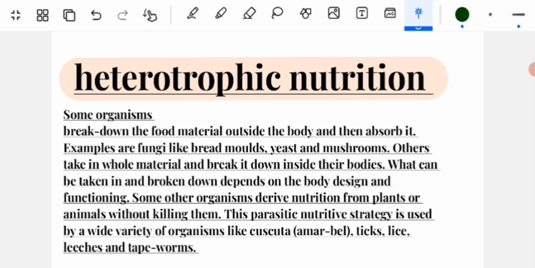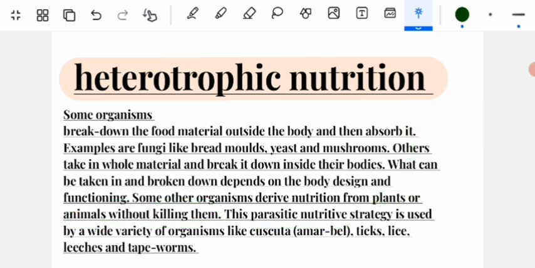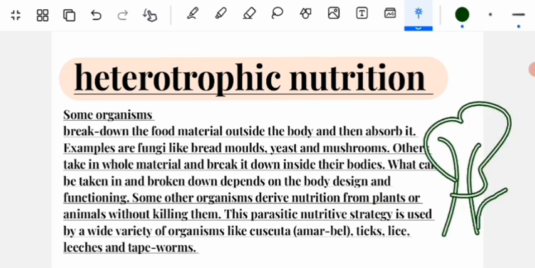एंड सम अदर ऑर्गेनिज्म ड्राइव द न्यूट्रिशन फ्रॉम द प्लांट्स एंड द एनिमल्स विदाउट किलिंग दैम, which we have said about the parasitic, which depends on the host, है ना? This is parasitic nutritive strategy which is used widely. Like for example, if there is one tree, ओके, यहाँ पर एक प्लांट ग्रो होता है at the middle of the tree.